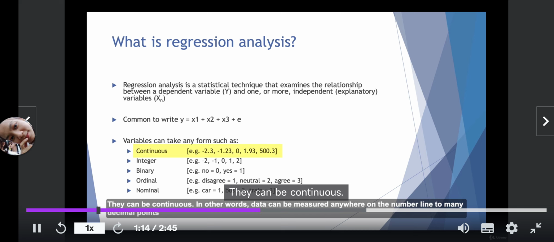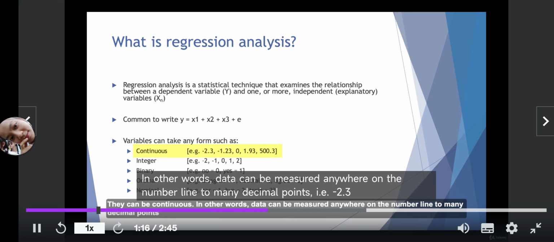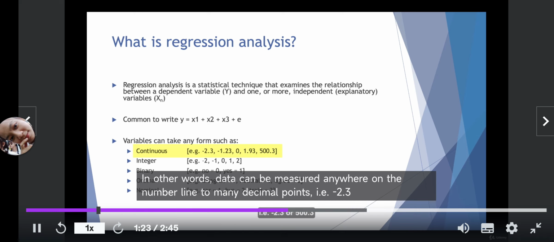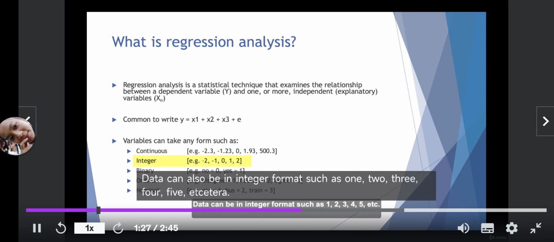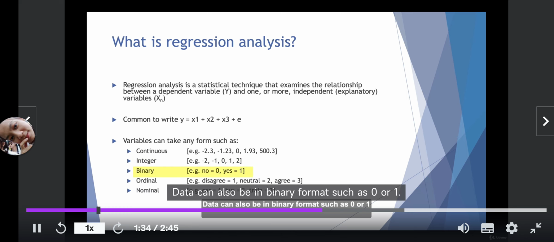They can be continuous, in other words, data can be measured anywhere on the number line to many decimal points, i.e. minus 2.3 or 500.3. Data can also be in integer format, such as 1, 2, 3, 4, 5, etc. Data can also be in binary format, such as 0 or 1.